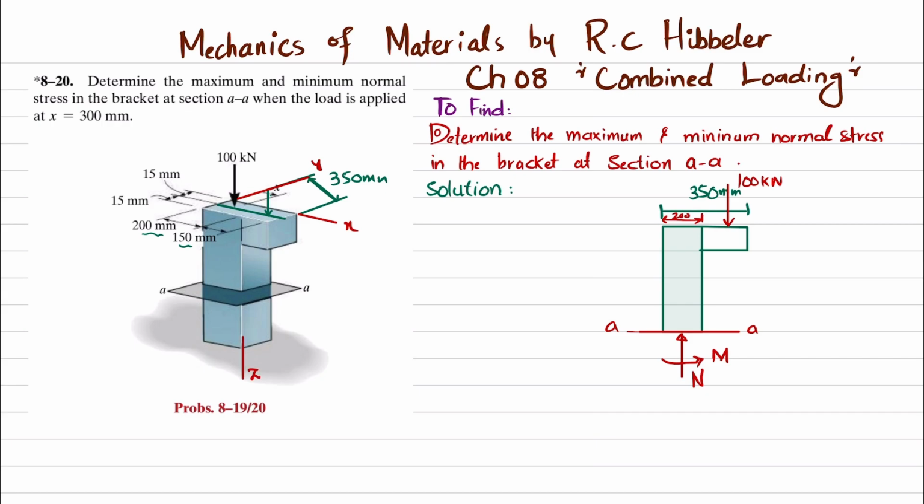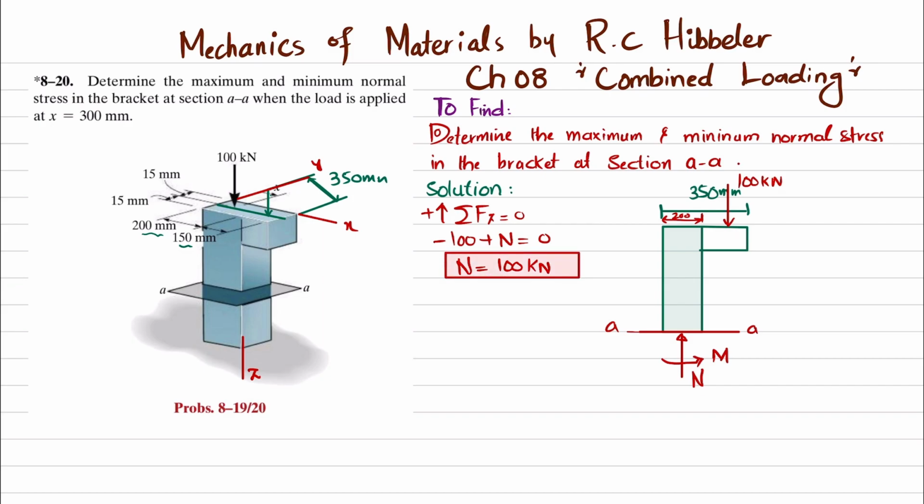The sum of all forces along the z-axis must be equal to 0, with upward force taken as positive. The vertical forces are this 100 kilonewton and this N force, so minus 100 plus N equals 0. It means that the normal force will be equal to 100 kilonewton.